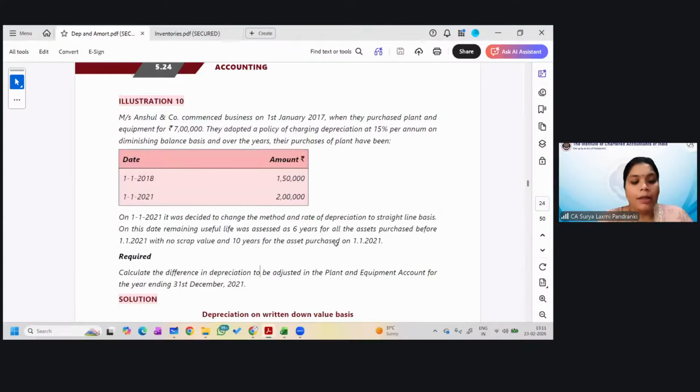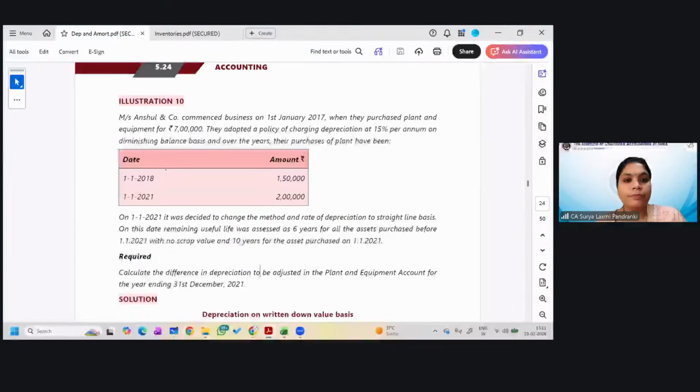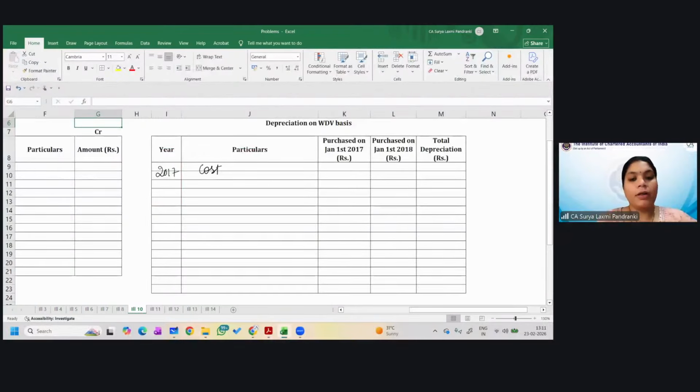Firstly, 2017. In 2017, you have purchased the machine. Cost of the machine, how much? It was 7 lakhs, correct? So record that 7 lakhs minus depreciation at the rate of 15%. How much is the depreciation?